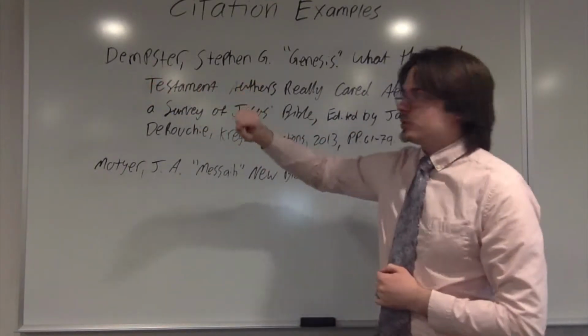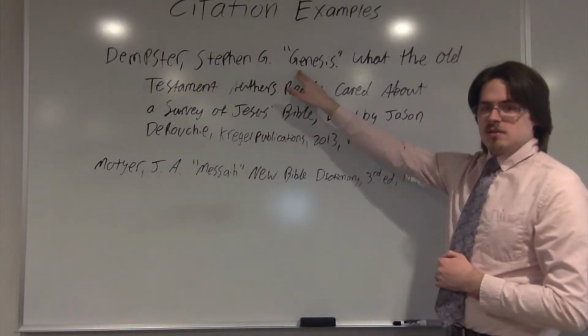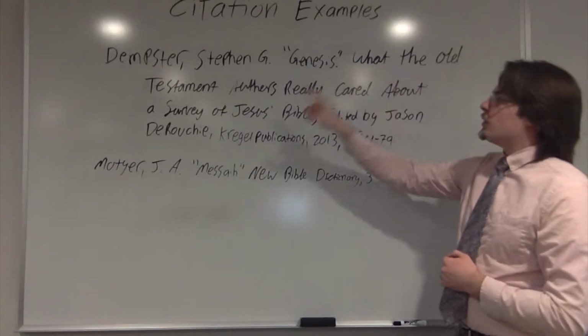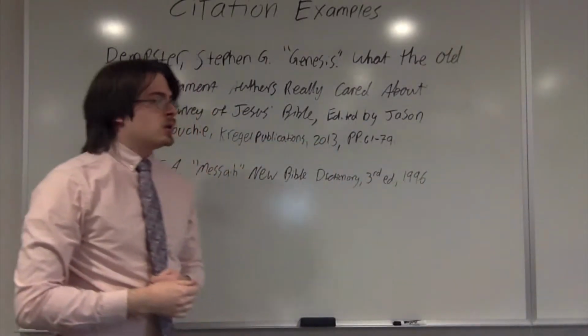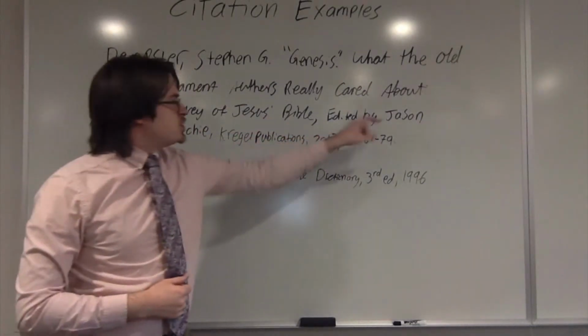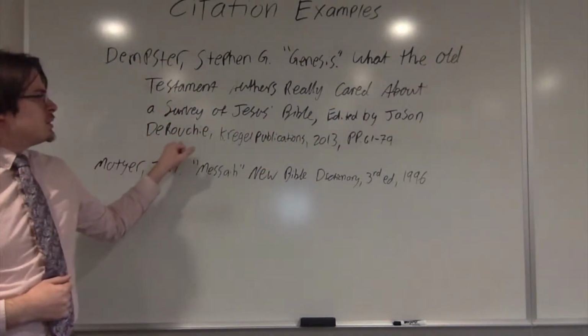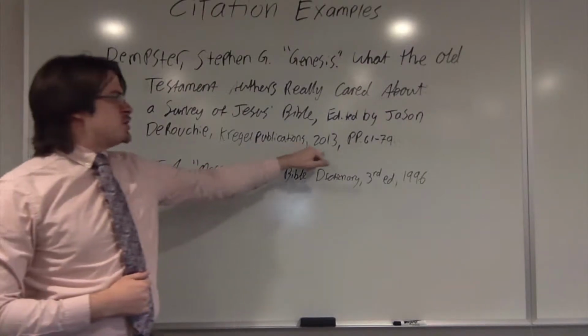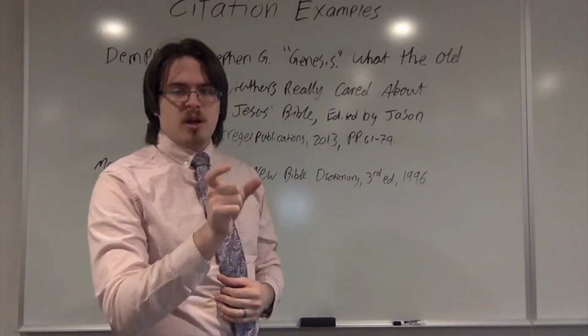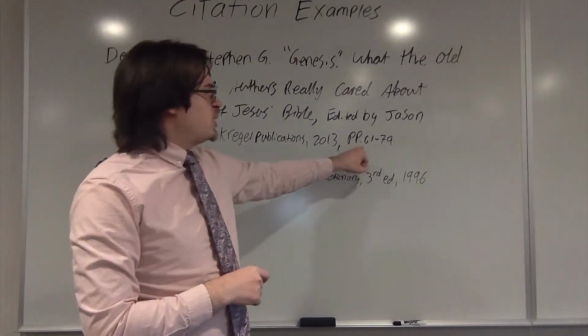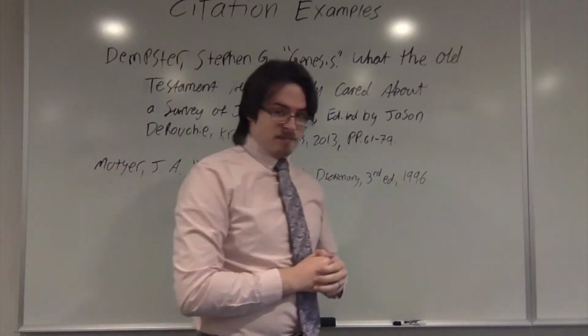He authored the chapter called Genesis in the book, What the Old Testament Authors Really Cared About, a Survey of Jesus' Bible, which was edited by Jason DeRouchie, Kregel Publications, 2013. And we've got to note which page numbers that chapter comes from. The chapter's found between pages 61 and 79.